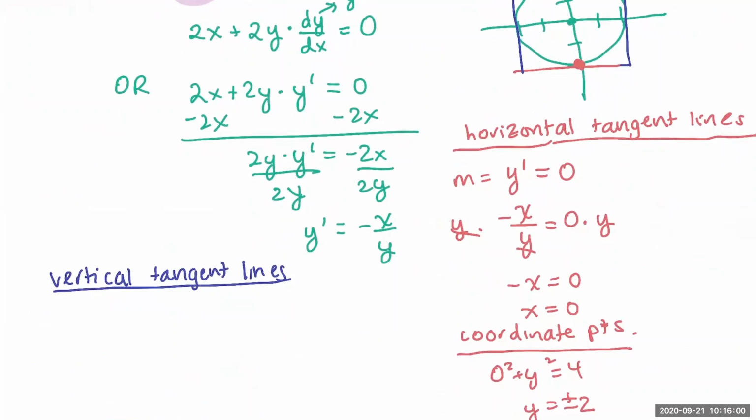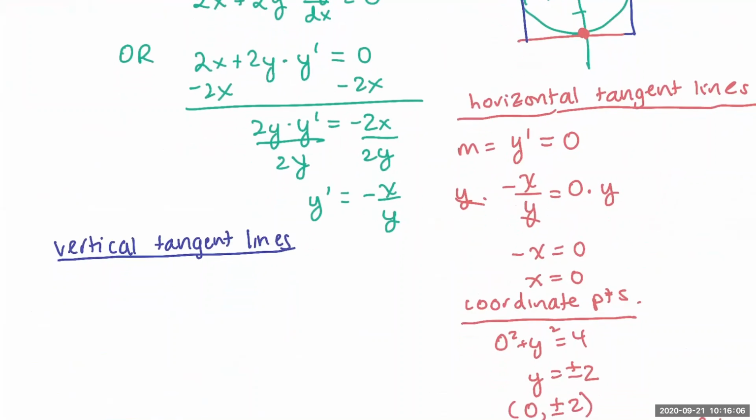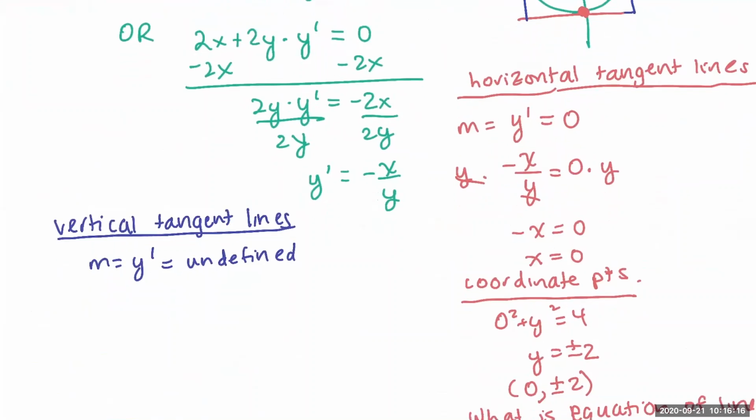What's the slope of a vertical line? Very good, undefined. So if my slope is y prime, then I'm looking for when it's undefined. When is the slope undefined? When the top is equal to 0 or when the bottom is equal to 0 on a fraction? Excellent, so bottom equal to 0.